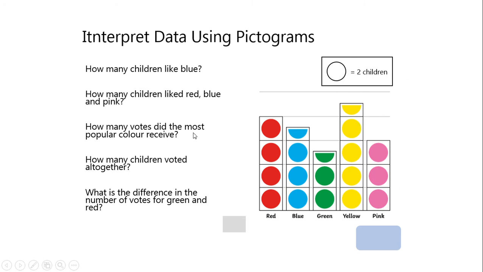How many votes did the most popular colour receive? Now this one might take you slightly longer. How many children voted all together? So we would need to add up the values to find out how many children were in this sample and voted.